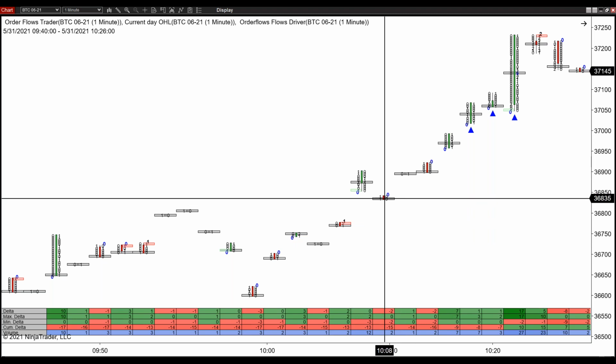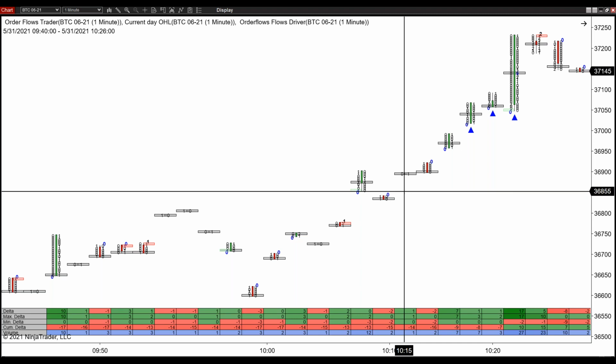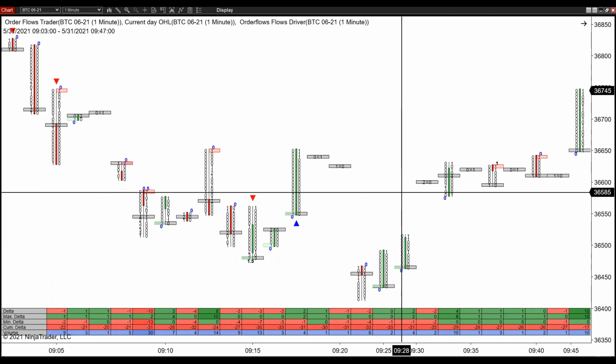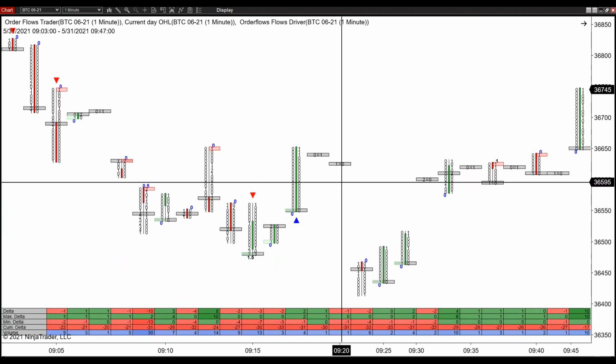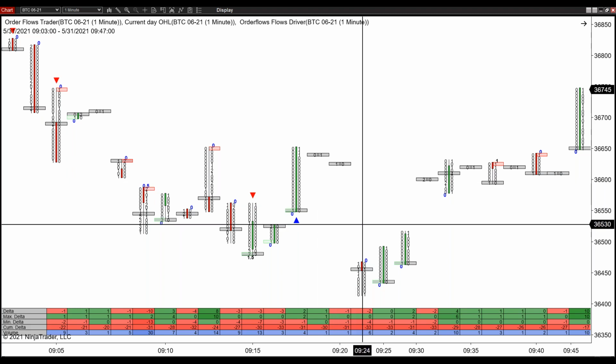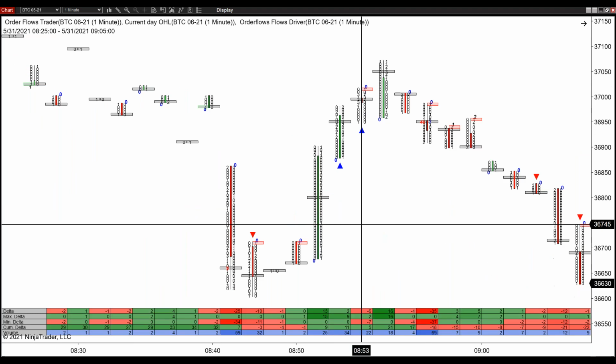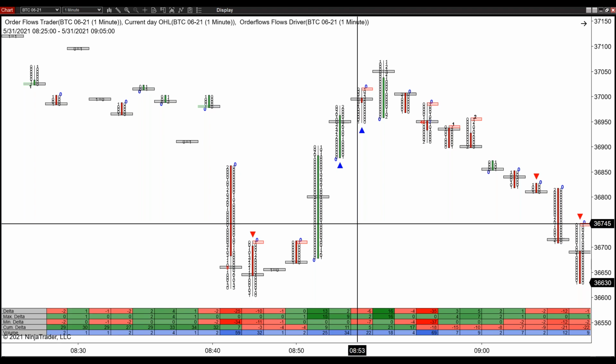It looks like this is a minute-based chart, but this is from 10:08 to 10:15, so that's a 7-minute gap. Here from 9:19, the next bar is at 9:24. There's just not a lot going on in the futures contract. I really wish it would do well, but right now it's just not doing well.